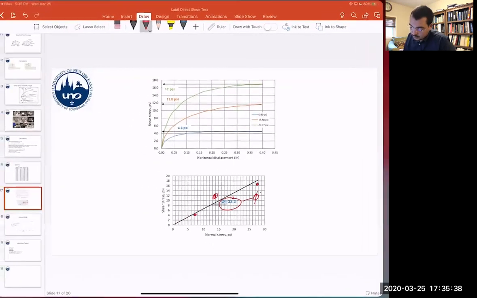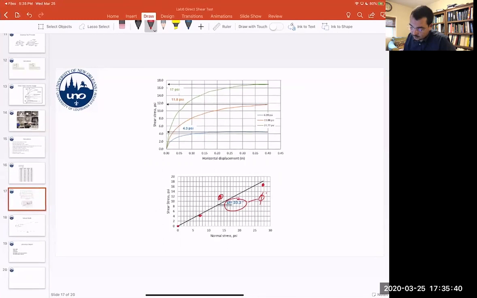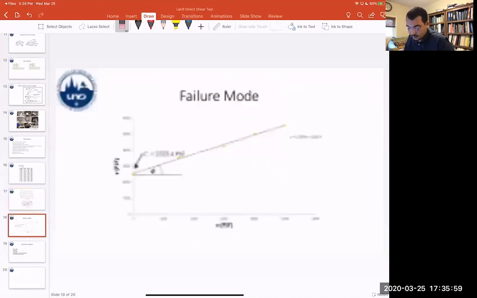You can see here the y-intercept is 0, so cohesion is also 0. This is the normal, and this is tan phi. So basically, you can find for this particular soil what the failure criteria is, and with this failure criteria, you can proceed with your design.